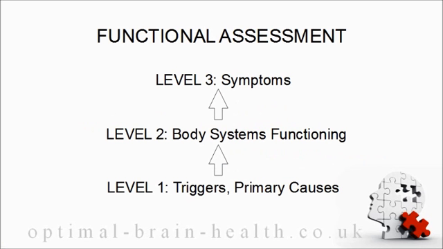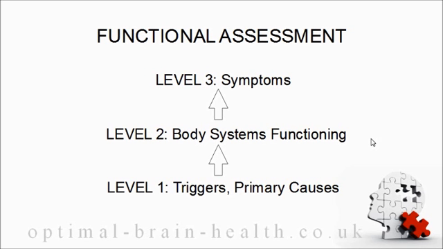The functional medicine method is based on an analysis at 3 levels. At the top we've got symptoms: anxiety, insomnia, fatigue, etc. And then we're asking questions about the functioning of the body systems that underlie those symptoms. So the idea is that symptoms are manifestations of non-optimal functioning in body systems.